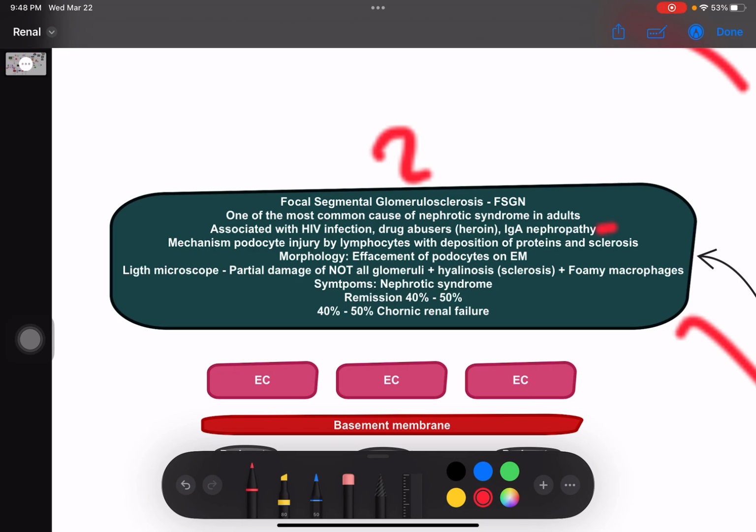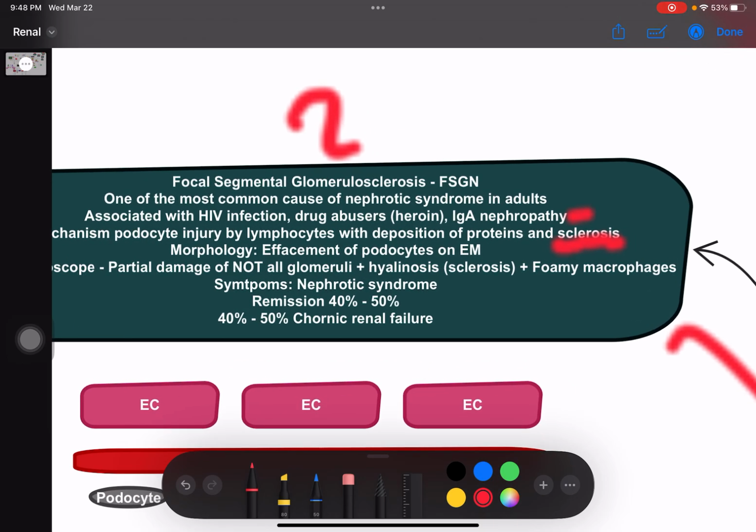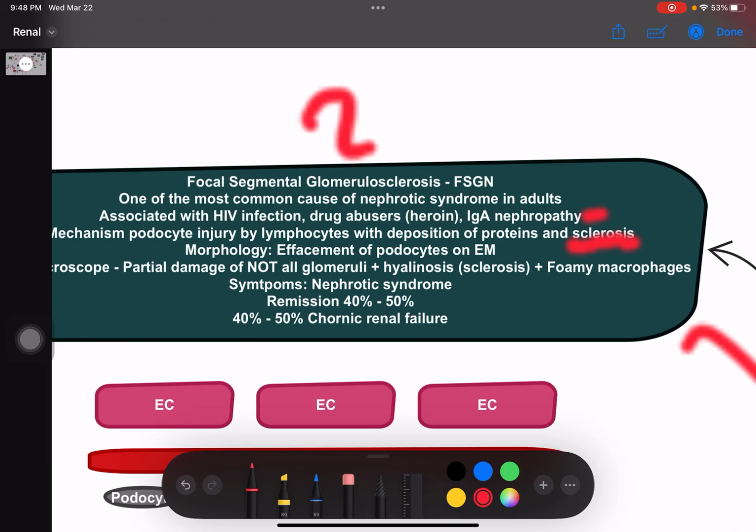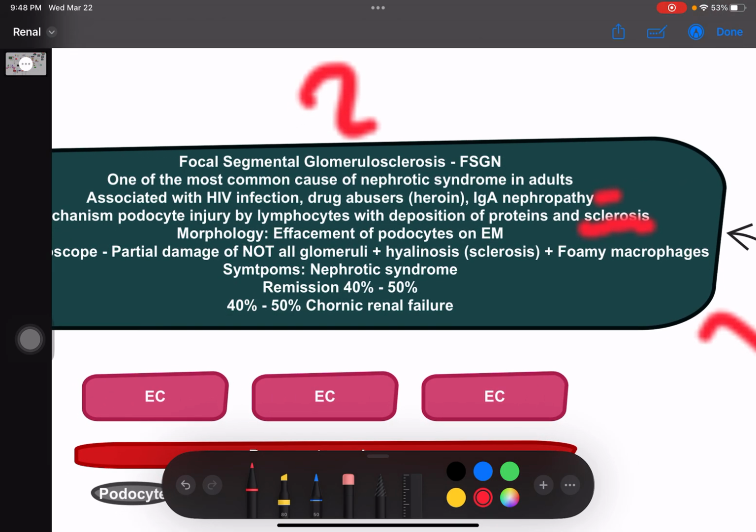Now, the mechanism is the same as with minimal change disease. There's injury of the podocytes by lymphocytes, and also deposition of proteins. And due to protein deposition, there's hyalinosis, which is thickening, and sclerosis of the structures.